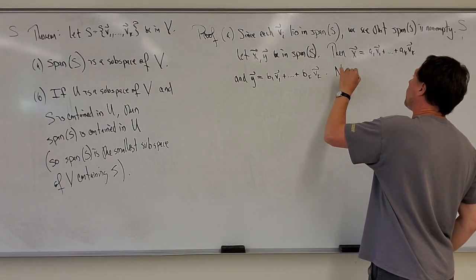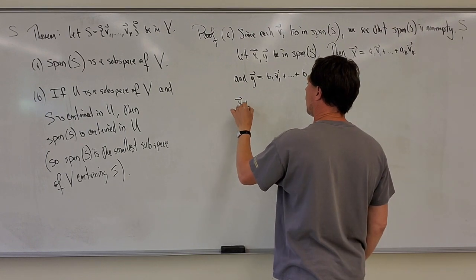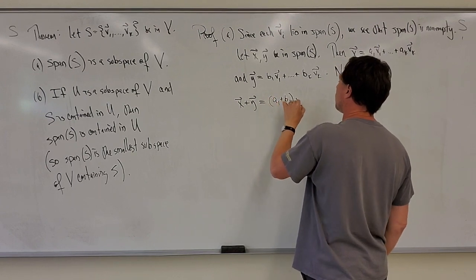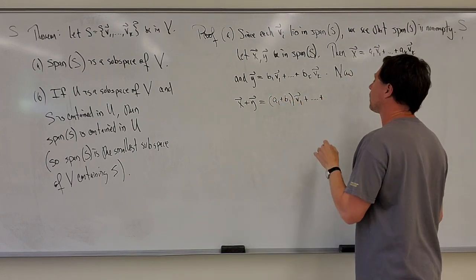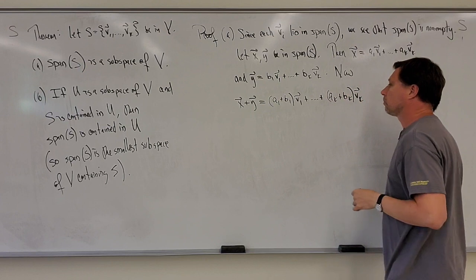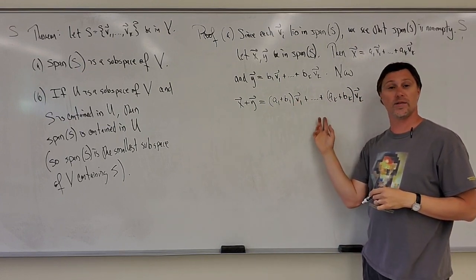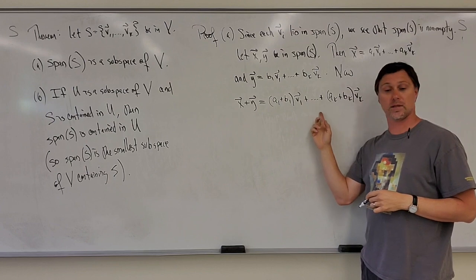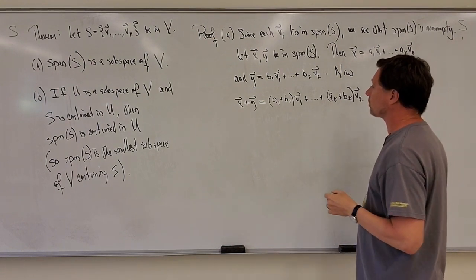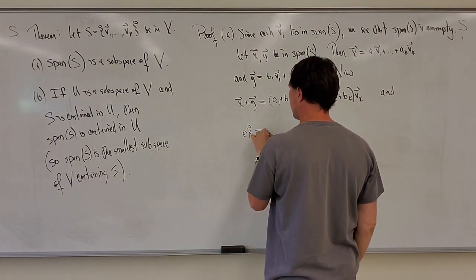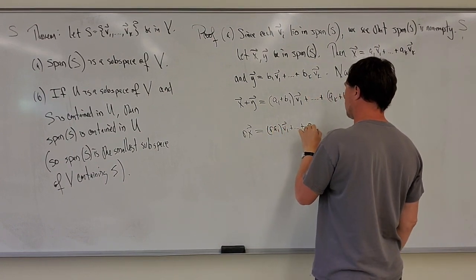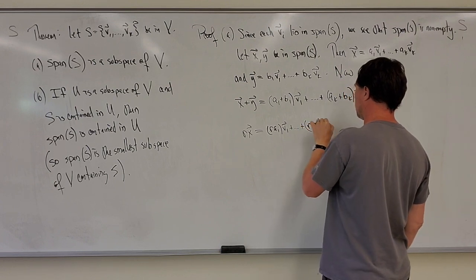Now, if I look at x plus y, if you add those together, here's what you get: a1 plus b1 times v1 plus dot dot dot plus a sub k plus b sub k times v sub k. What is this? This is a linear combination of the v sub i's. Constant times v1 plus constant times v2 and so on. And if I look at r times x, that's going to be r a1 times v1 plus dot dot dot plus r a sub k times v sub k.